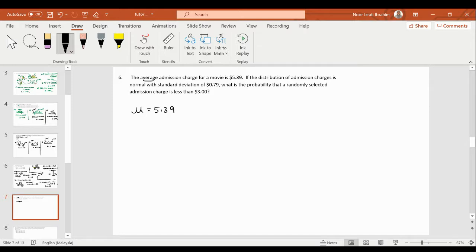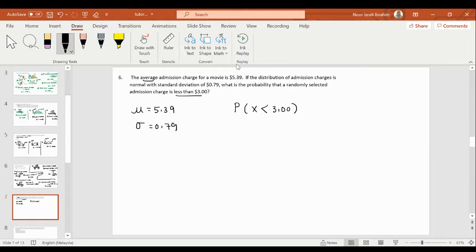If the distribution of admission charge is normal with standard deviation 0.79, sigma is given as 0.79, what is the probability that a randomly selected admission charge is less than $3? So we want to find the probability x less than 3.00.